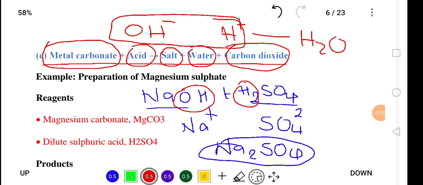For example, when we have magnesium carbonate, it means we reacted the carbonic acid, which is a weak acid, with a strong base, magnesium hydroxide. Now, since the base which is going to be used is very strong, the name of the salt is going to be related to a base, because the salt is going to be more basic than normal. And this is what happens during the chemical reaction.